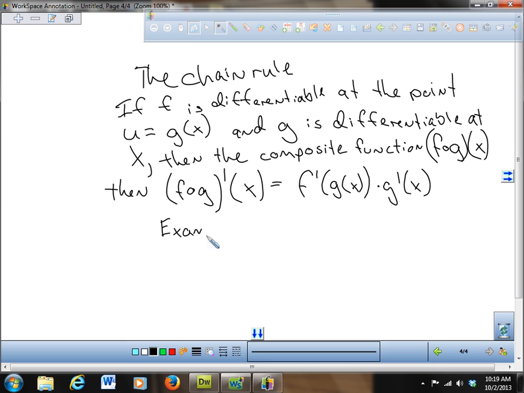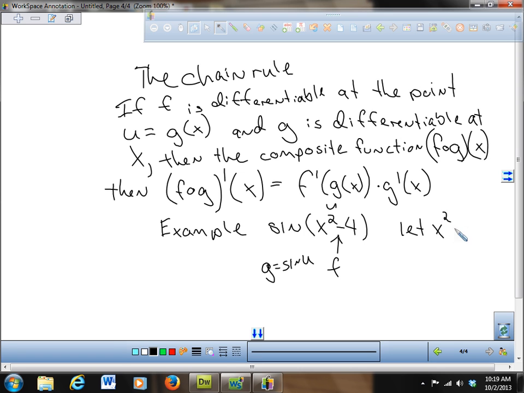Okay, so example. Let's go back to that original problem: sine of x squared minus 4. So the inside function is f, and the outside function g is equal to sine of u, where this thing is u.